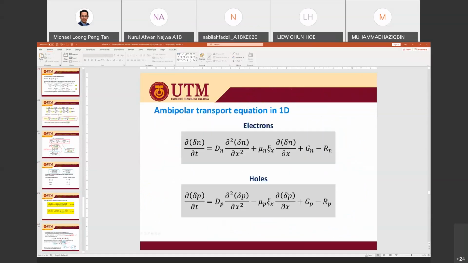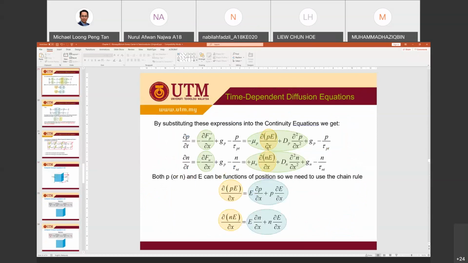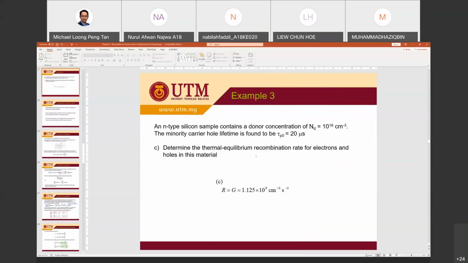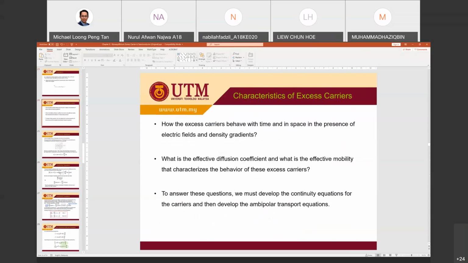The first thing that you need to know is what ambipolar transport is, because this is what the ambipolar equation is about. How does the excess carrier behave with time and space in the presence of electric field and density gradient? What is the effective diffusion coefficient and what is the effective mobility? This equation will solve that.